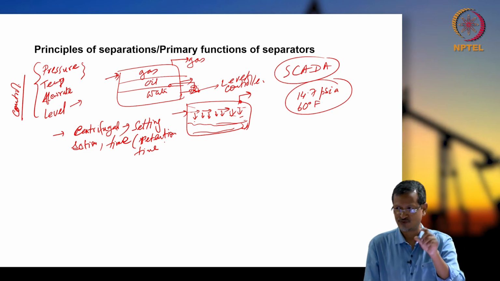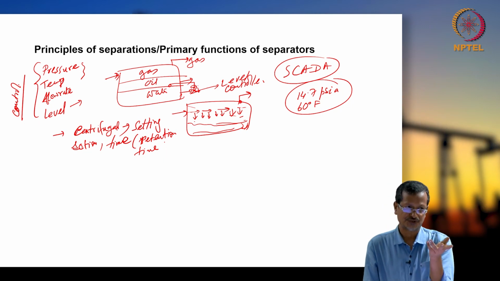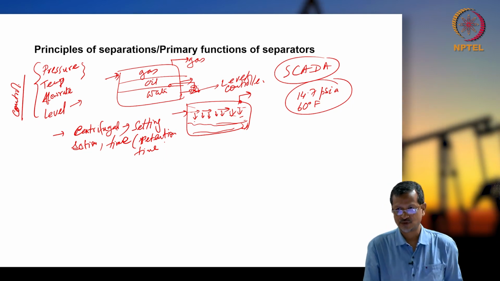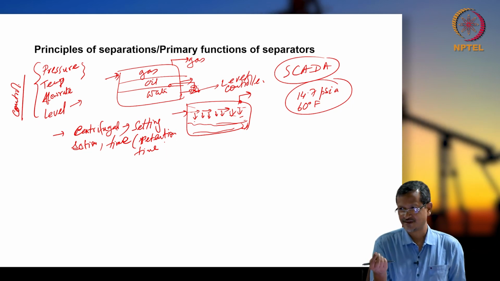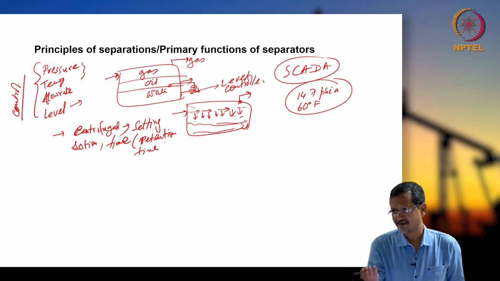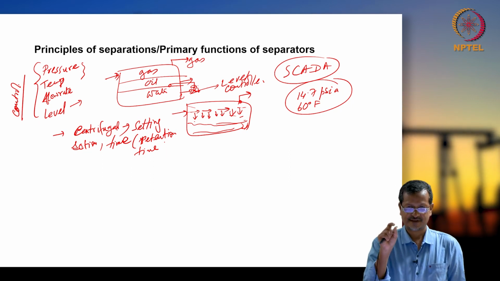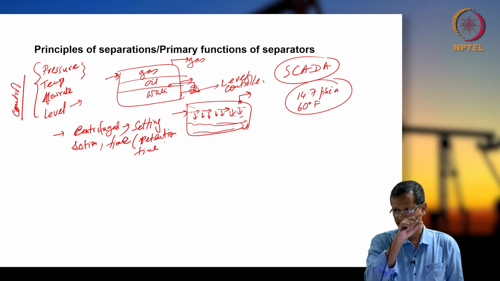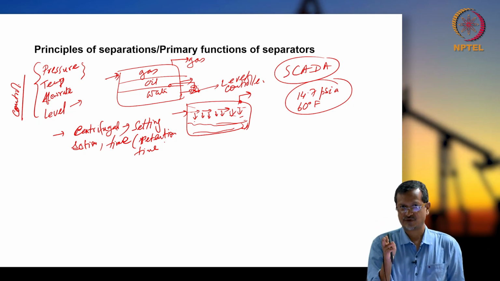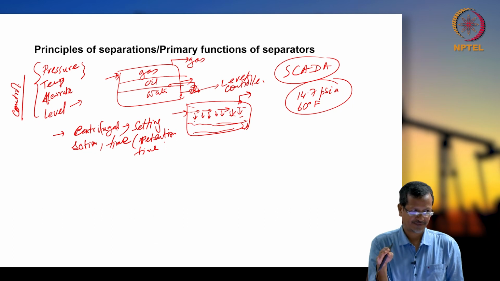H2S is also coming, so what material are you selecting? Erosion, sand particles are also there, so erosion is also possible, and cleaning is also an issue. Sand gets deposited, how will you clean it? Leakage is not allowed, rupturing is not allowed, pressure and temperature must be within control, and it must be within your cost limit also, with production optimization.